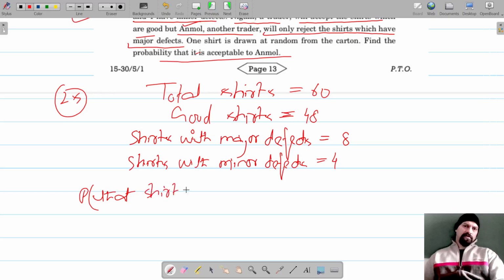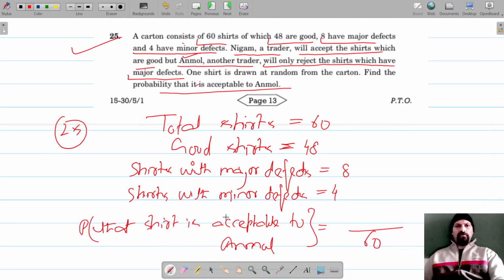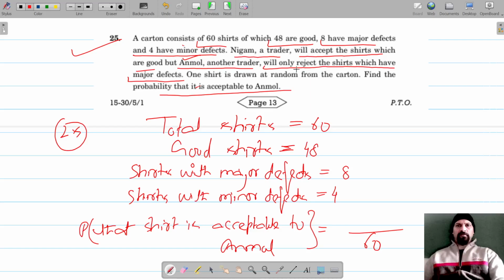The probability that the shirt is acceptable to Anmol: total shirts are 60. Out of 60, he's going to reject only the shirts which have major defects. So he's going to reject these 8 shirts and accept the good shirts and shirts with minor defects.